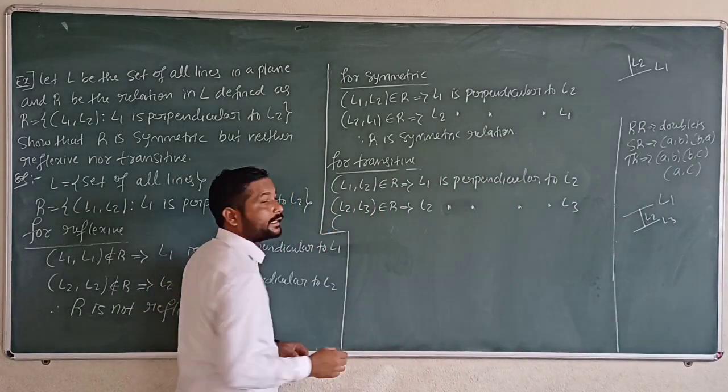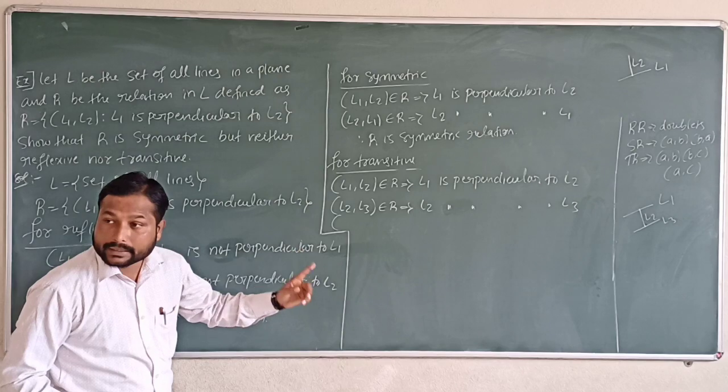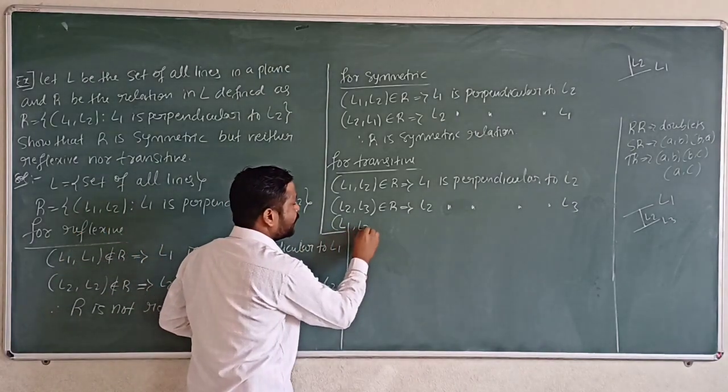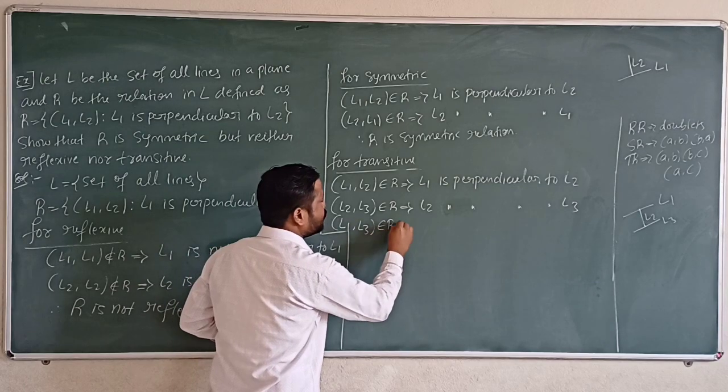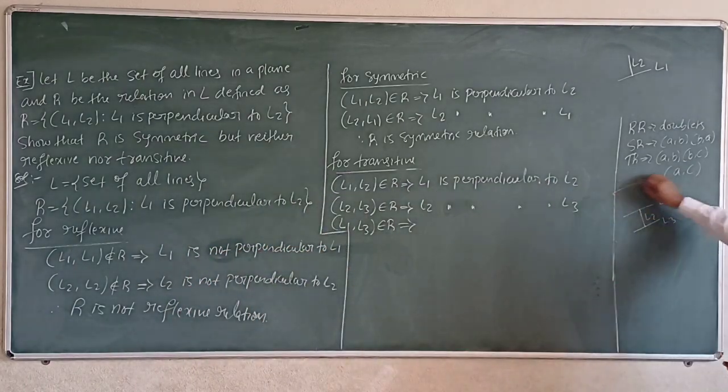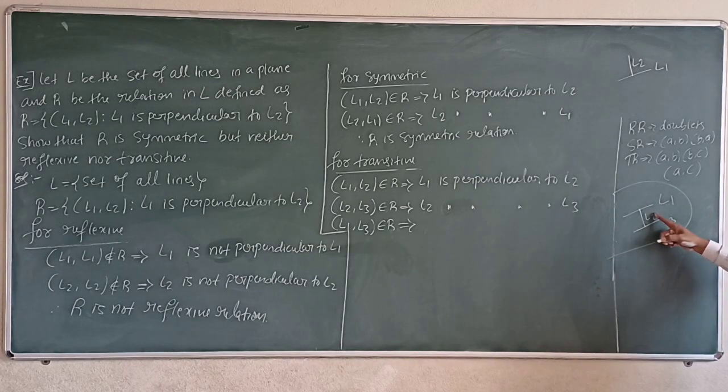How to take (A, C)? (A, C) meaning (L1, L3) now. Take it that (L1, L3) belongs to R. Think about the diagram: L1 is perpendicular to L2, L2 is perpendicular to L3. Is L1 perpendicular to L3?